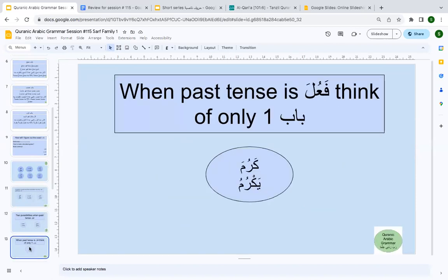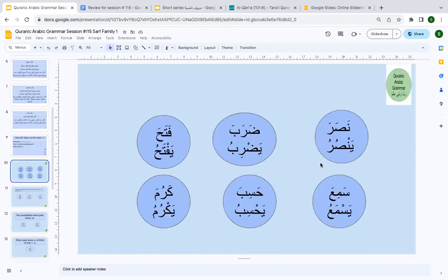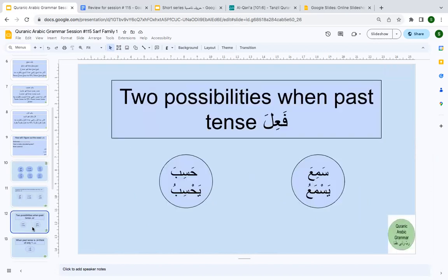So far, we have only covered this, and then, inshallah, in our next session, we will cover the rest of family one. So is that so far easy or still very confusing? Okay, I think that you have understood. We will cover it as I have put it in my slides. You just need to memorize this, and that will help you understand this and this.